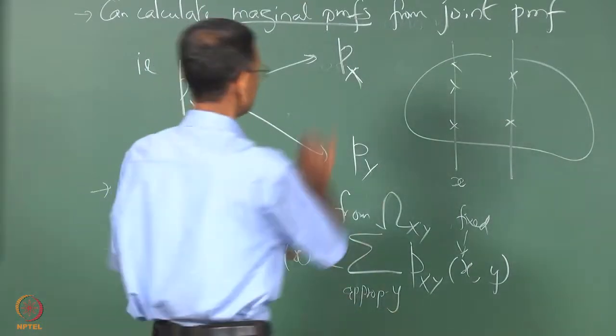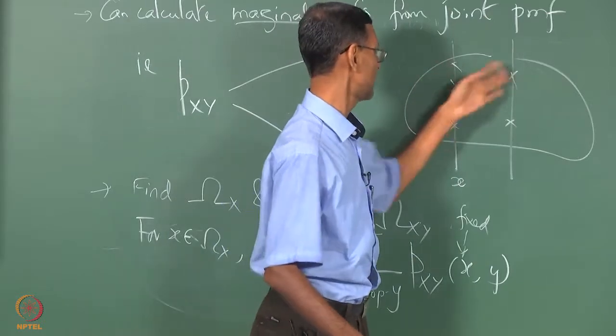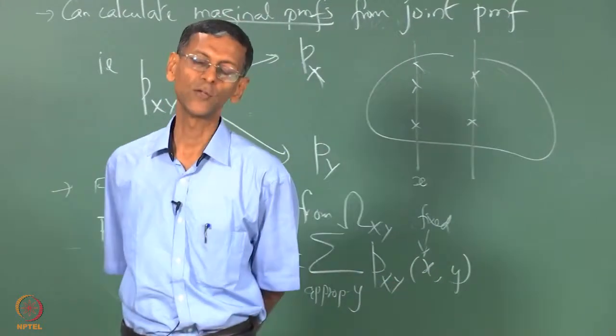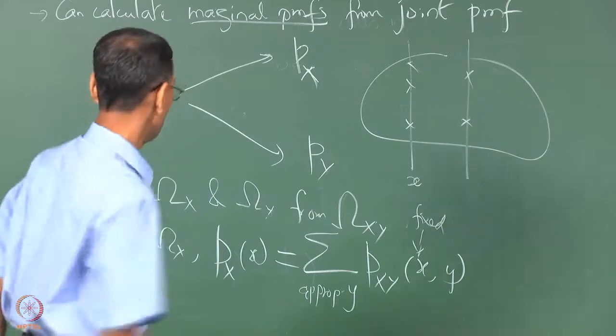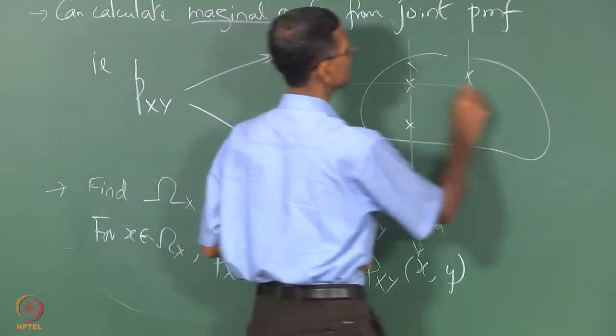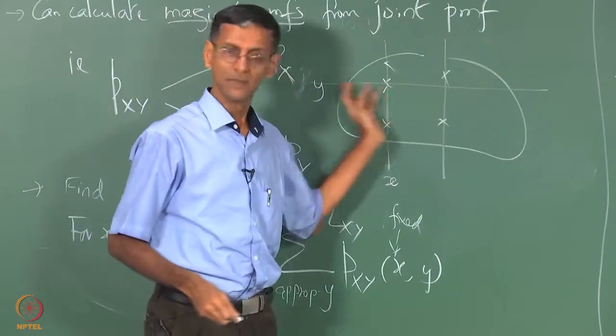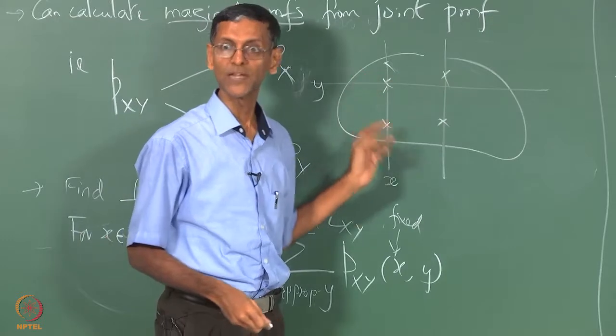It may happen that all these points are so funnily located that there are no coordinates in common. Similarly, Py of y: if you go like this, you find by adding all these probabilities you will get Py of y.